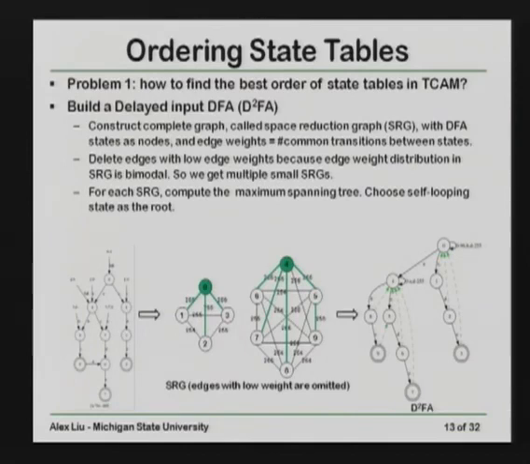The basic idea is if these two states share many common transitions, I would just delete the common transitions from this state, and then when I reach this state, if I get a character that's one of those deleted transitions, I will have an epsilon transition go to this state, and this epsilon transition will not consume any character, and then this state will consume that character. You may have multiple deferments.